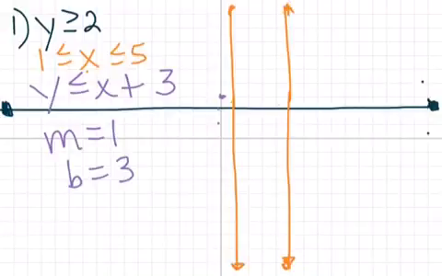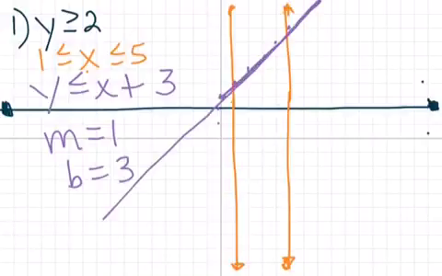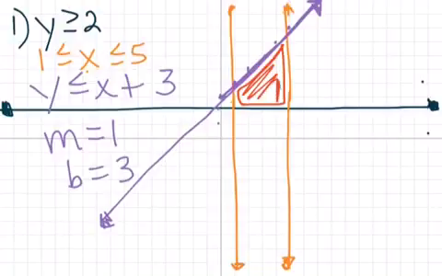And the slope of 1 means to go up 1, right 1, up 1, right 1, up 1, right 1, up 1, right 1, up 1, right 1. And all of these have equals, so they're all solid lines. It says to shade what is below that. So our answer, as far as shading, is this quadrilateral.